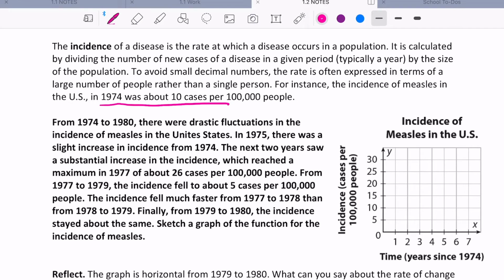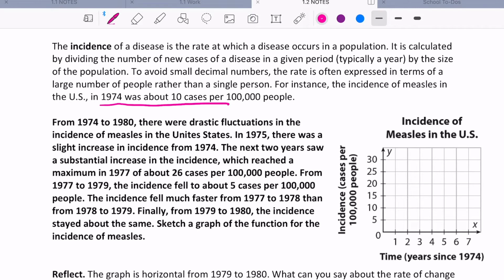Now, the following paragraph says from 1974 to 1980, there were drastic fluctuations in the incidence of measles in the US. In 1975, there was a slight increase in incidence from 1974. The next 2 years saw a substantial increase in the incidence, which reached a maximum in 1977 of about 26 cases per 100,000 people.